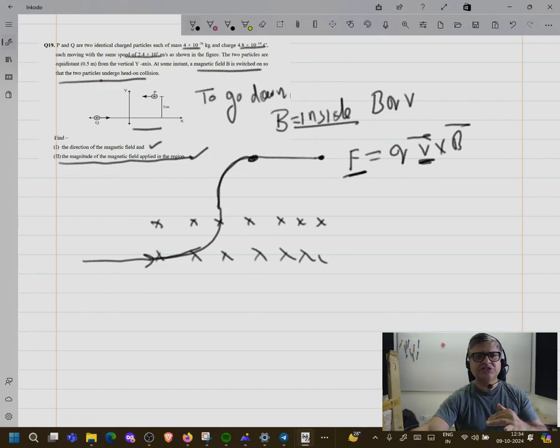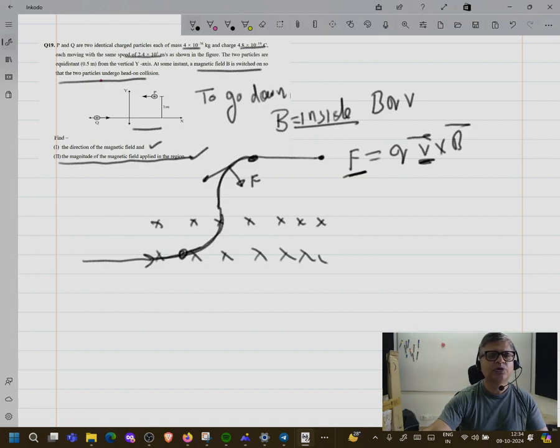I said the forces are up and down, but they are not linear forces. They remain perpendicular to the velocity always. If the velocity here is V, the force will remain perpendicular to it, because the motion has to be circular motion.